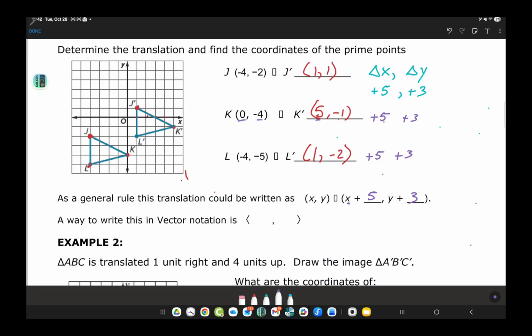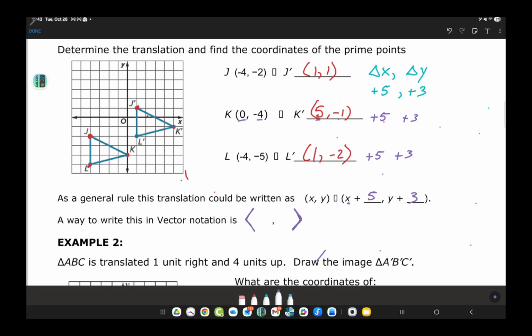What if it's a -3? Would it still be addition or would it be subtraction? It would be subtraction. So another way to write this, I don't think we've ever talked about vectors. Have you guys ever talked about vectors? No. Vectors are written with this weird kind of shaped parentheses that are more pointed.